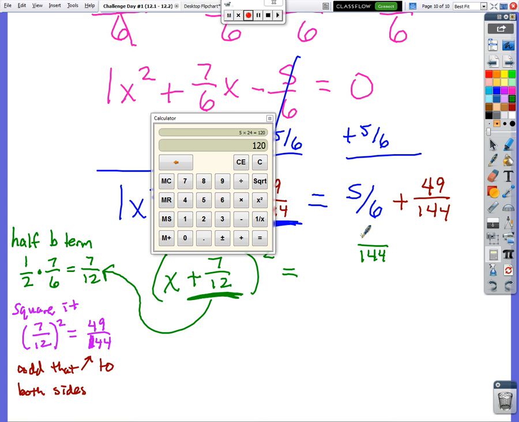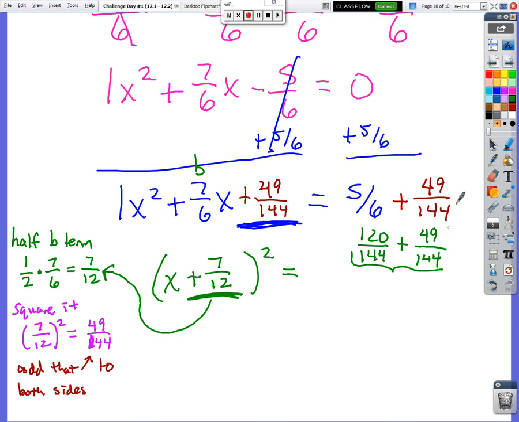So 120/144 is the same thing as 5/6. And I'm going to add 49/144 to that. So 120 plus 49 makes 169/144 altogether.